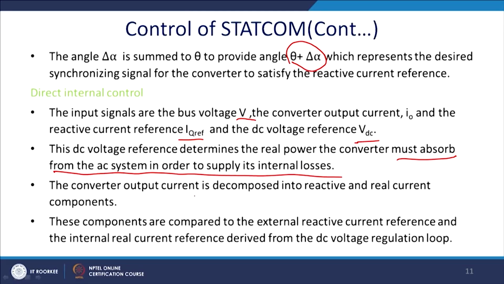The converter output current is decomposed into the reactive and the real components of the current. These components are compared to the external reactive current reference and the internal real current reference derived from the DC voltage regulation loop. So, this is the way you will actually control the Statcom.